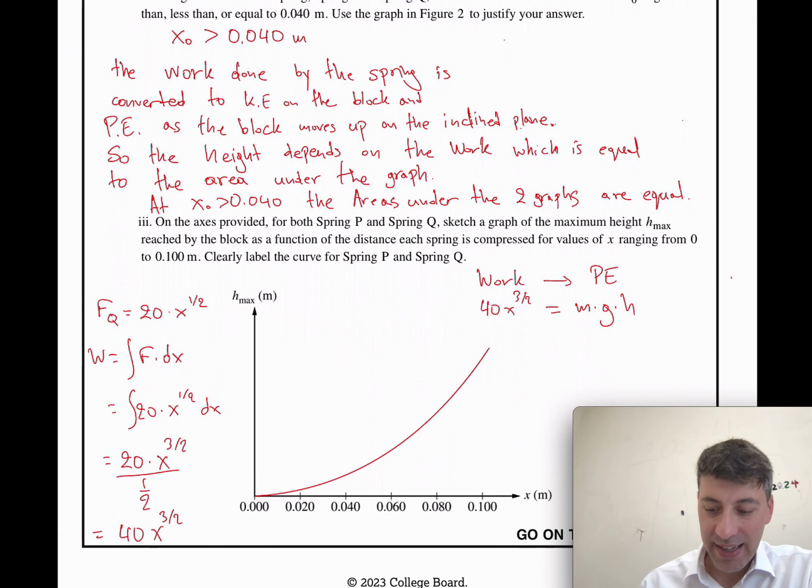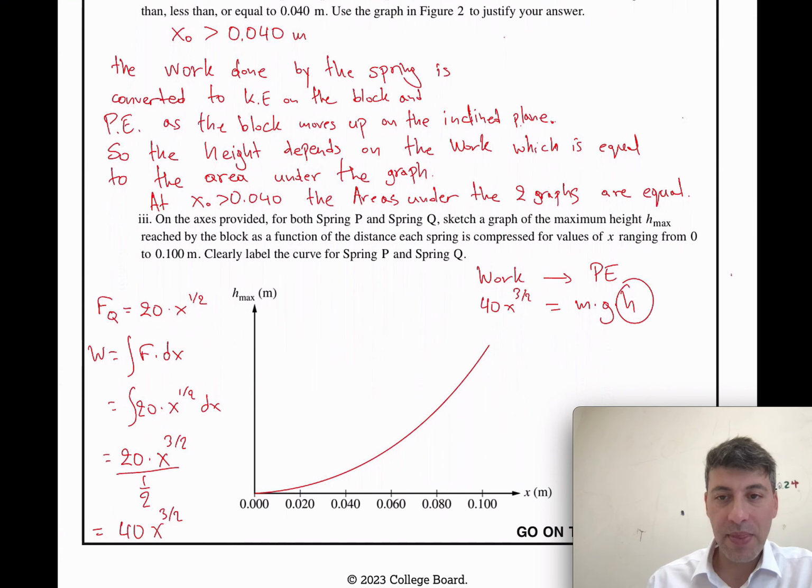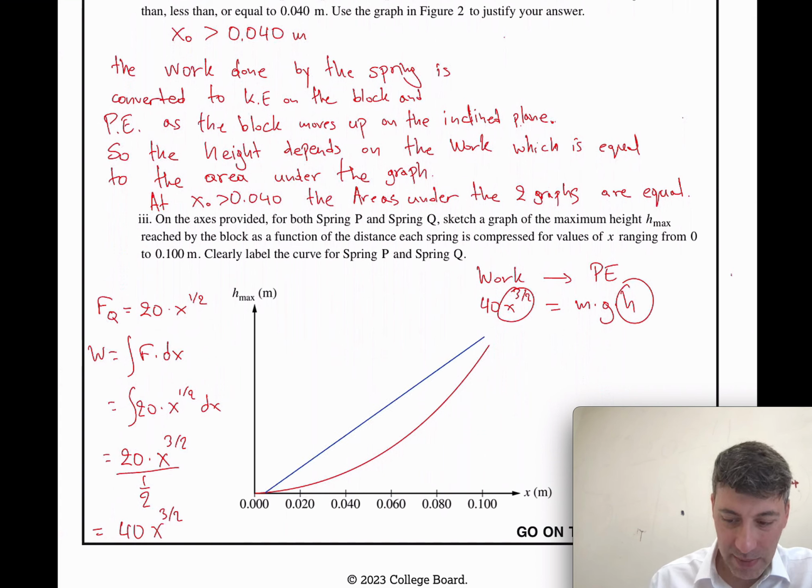And again, the height will depend on the compression to the power of 3 over 2. So again, it is a curve that will look approximately like a parabola. If I'm not mistaken, for the spring Q, it will have the power 3 over 2.